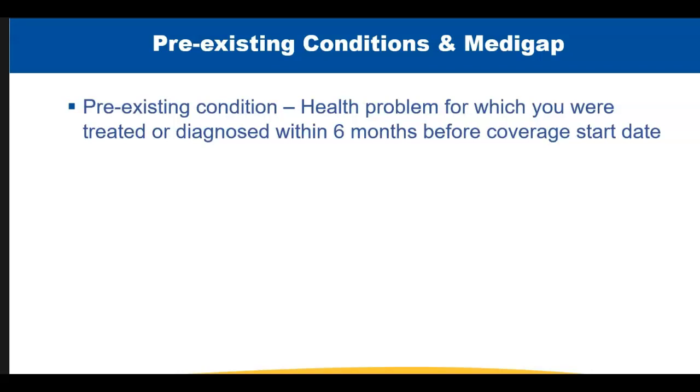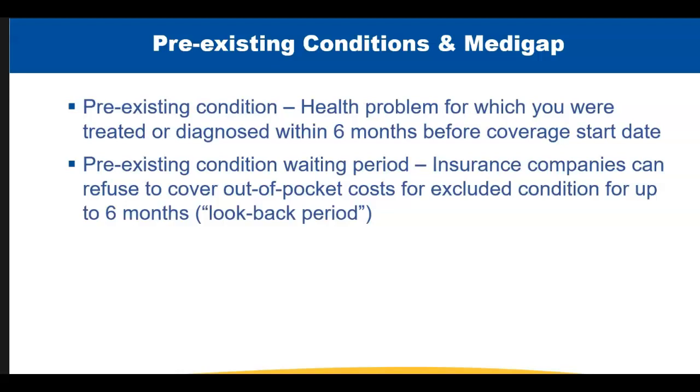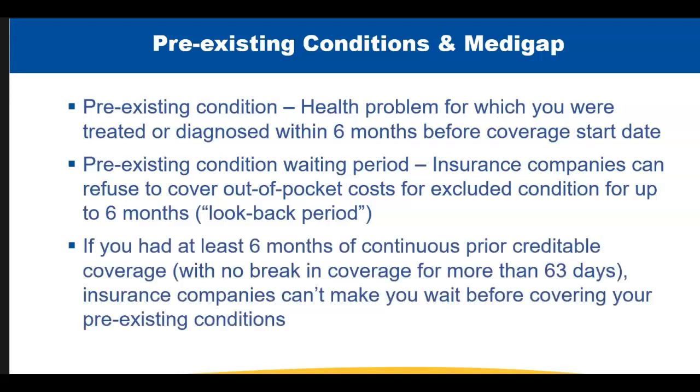I mean, you literally saw a provider, and that shows the record that you have had this condition. And they can refuse to cover those costs. They will cover other things, but they can refuse to cover the costs of the pre-existing condition for up to 6 months, unless you had 6 months continuous prior creditable coverage. So if you go right into Medicare and Medigap out of employment coverage, this won't be an issue, but there also can be no break in coverage for more than 63 days.